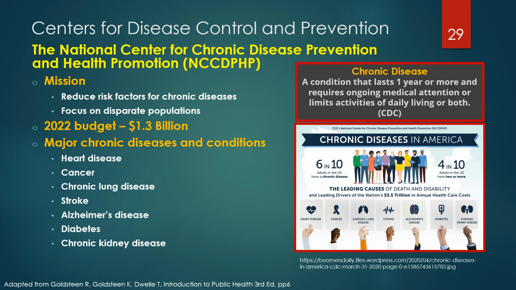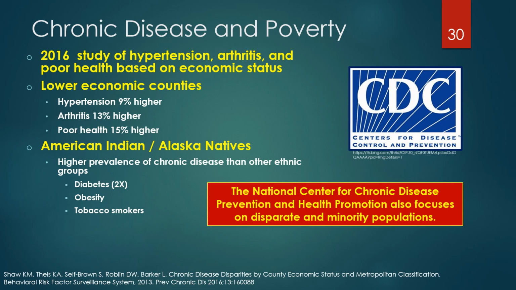The National Center for Chronic Disease Prevention and Health Promotion, NCCDPHP, works to prevent and control chronic diseases by reducing their risk factors. The center also focuses on disparate and minority populations, since chronic diseases are more prevalent in impoverished communities.